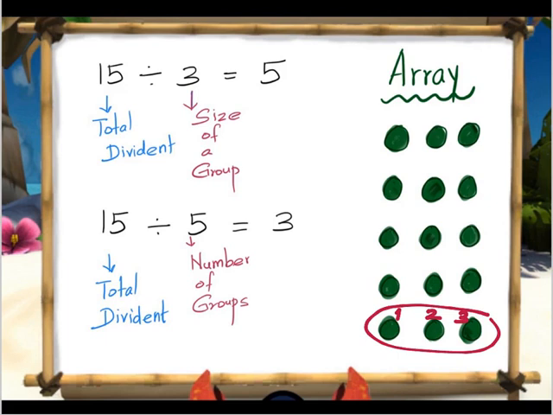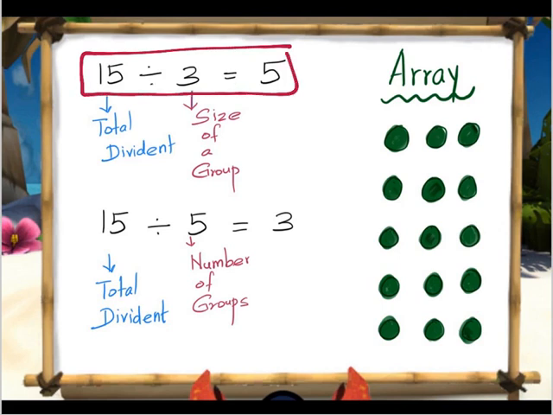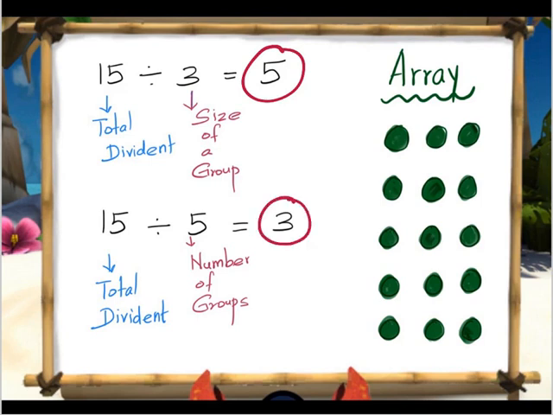We can make 2 division sentences or division equations for this array. What we should know is the quotient. So this is a quotient. The quotient can be either the size of the group or the number of groups.